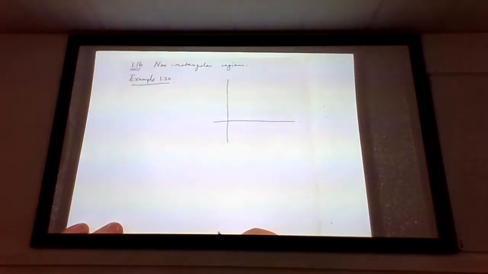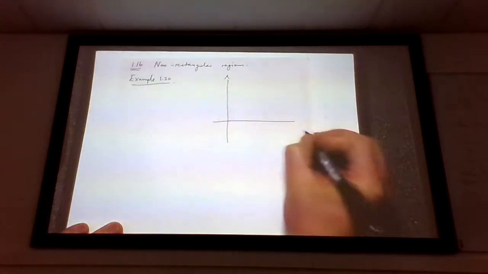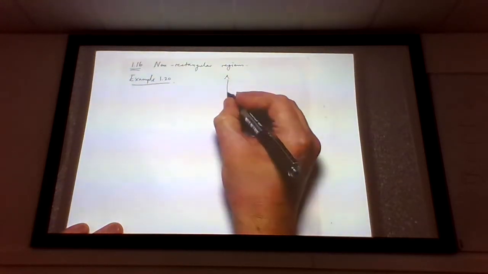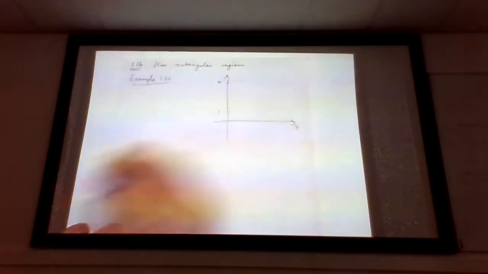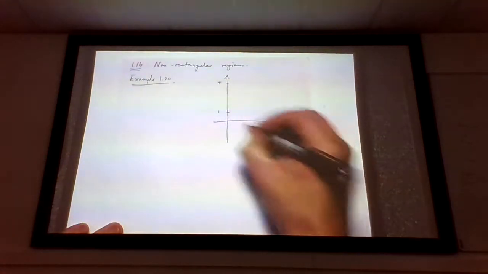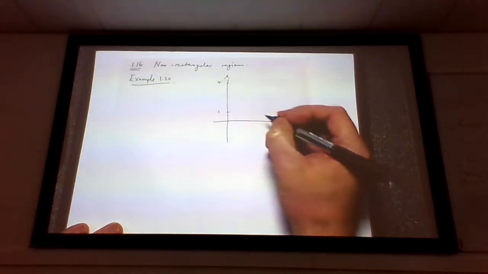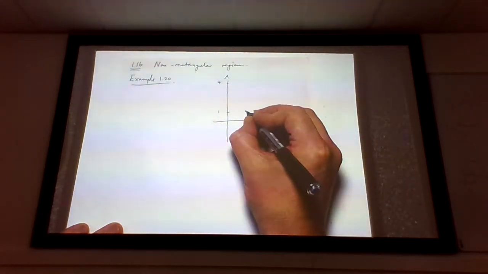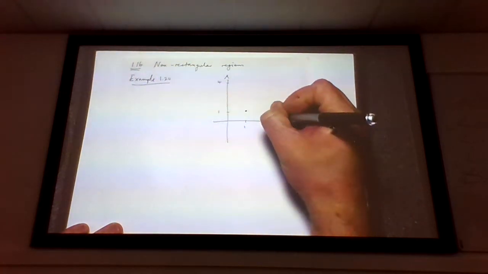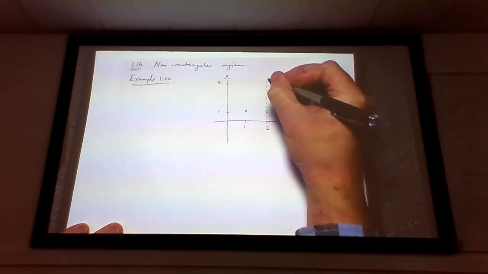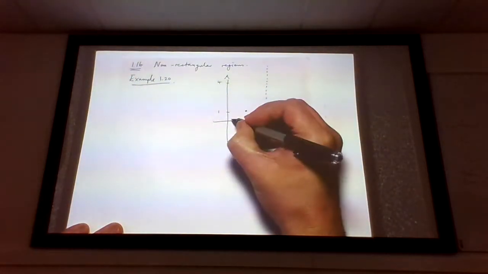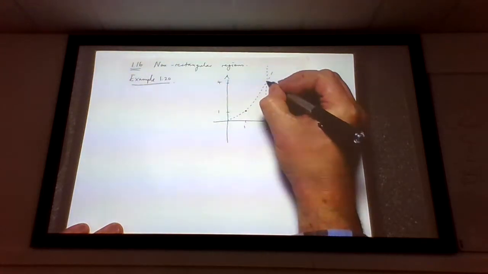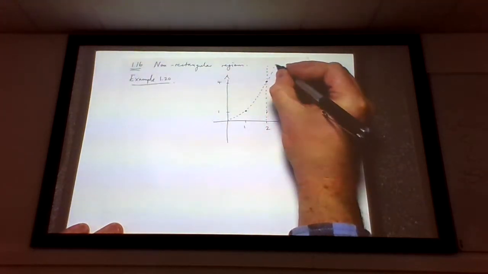So here the region of integration is on the y-axis and on the x-axis. I'm going to go between 1 and 4 on the y-axis, and I'm going to go x at 0, 1, 2. So we got a couple of curves here.